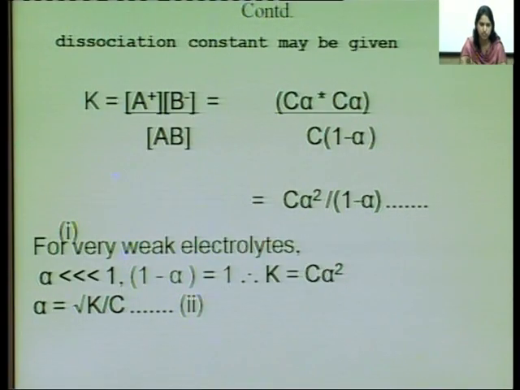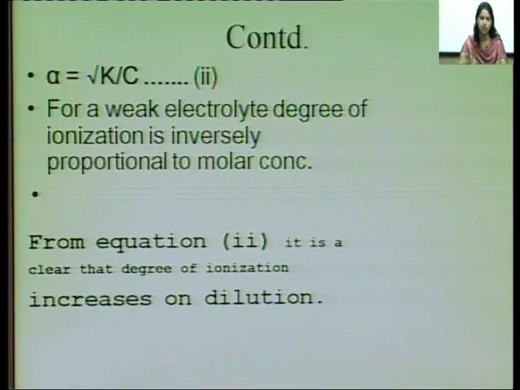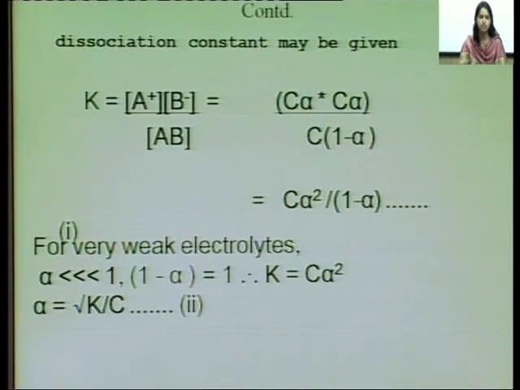Degree of ionization is inversely proportional to the square root of concentration. Alpha is equal to under root K over C. According to this expression, for a weak electrolyte, the degree of ionization is inversely proportional to the square root of molar concentration. This Ostwald dilution law is only applicable to weak electrolytes, because in strong electrolytes alpha is equal to 1.